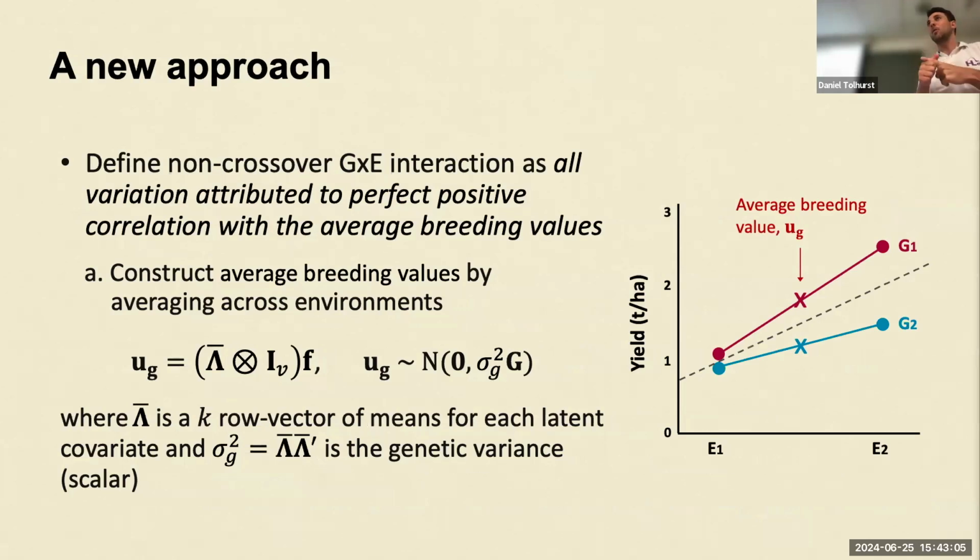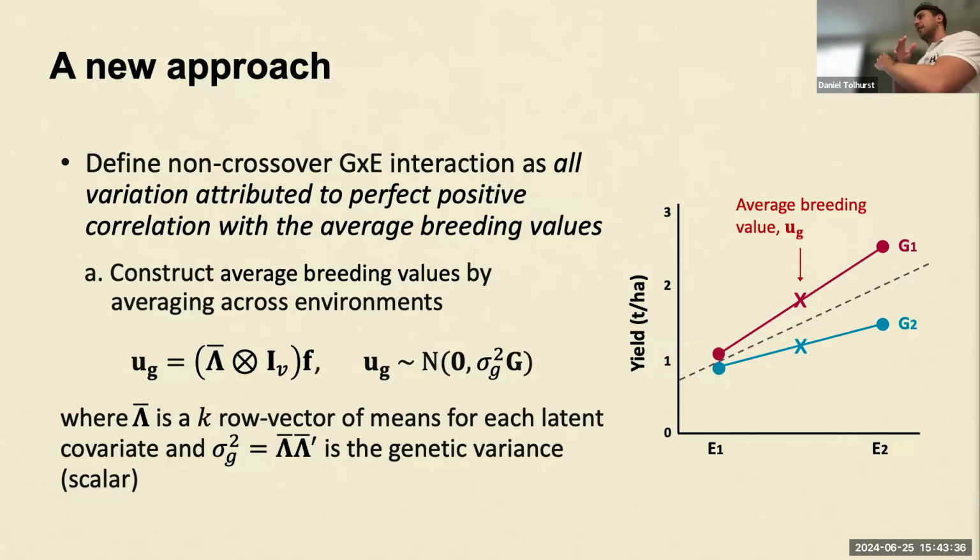It's a little bit long-winded, but the point is that if we were to set up the average breeding values across, again, this little dummy example, and say that all the variation that is perfectly positively correlated with it, we want to capture that somewhere. And so in this example here, those regression lines are perfectly, I knew this would happen, are perfectly positively correlated with those average breeding values, because they're just spreading out on the ends or shrinking.